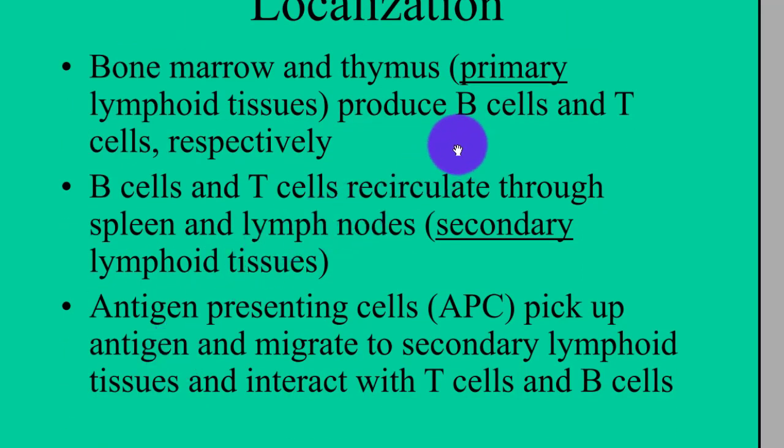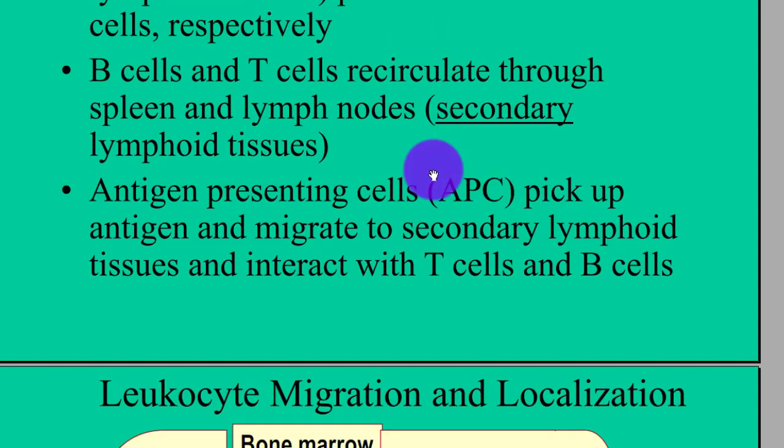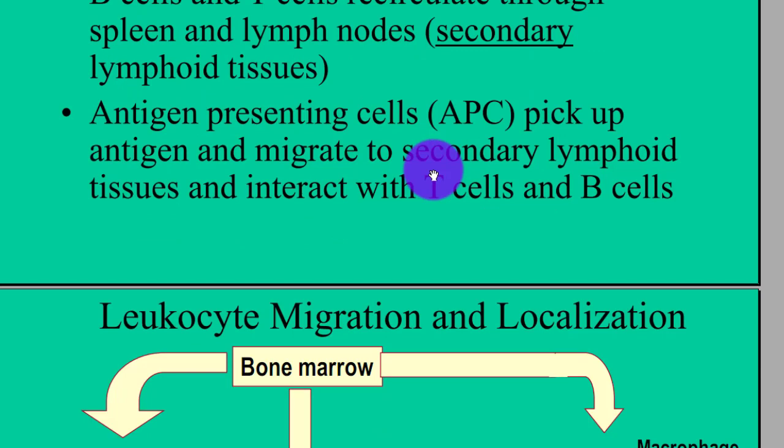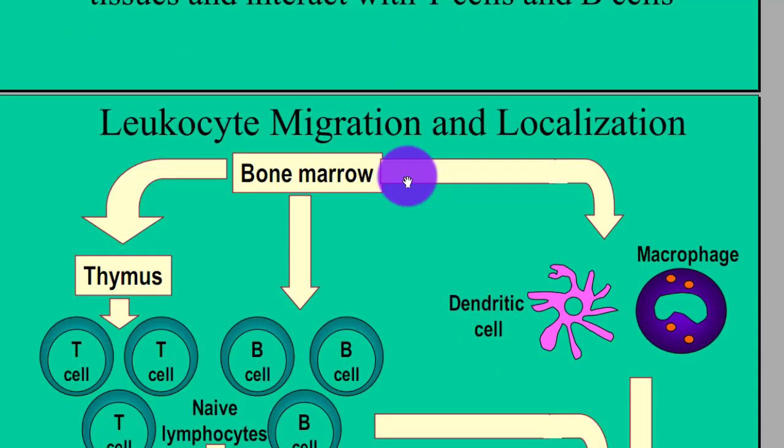Leukocyte migration and localization. Bone marrow and thymus, the primary lymphoid tissues, produce B cells and T cells respectively. The thymus produces T cells and the bone marrow produces the B cells. B cells and T cells recirculate through the spleen and lymph node. Antigen presenting cells pick up antigen, migrate to secondary lymphoid tissue and interact with the T cells and B cells.